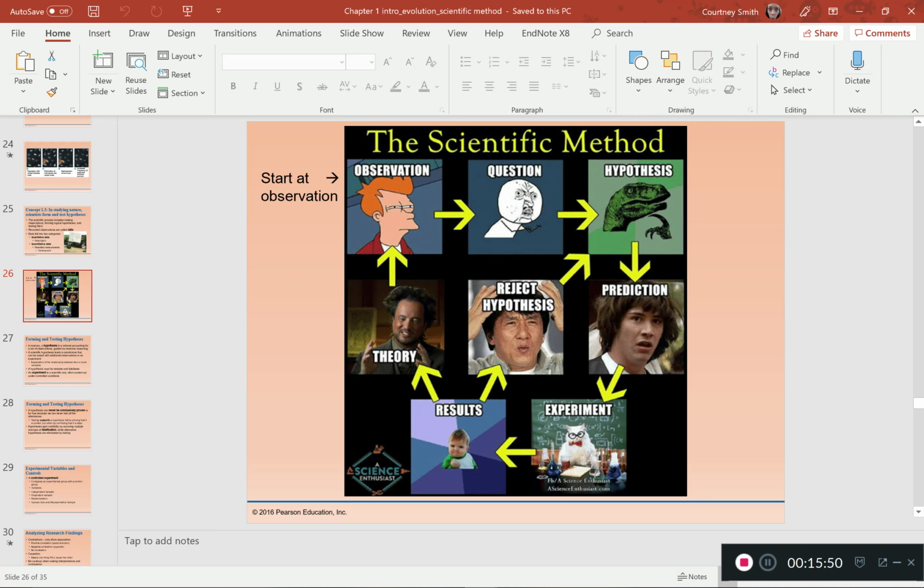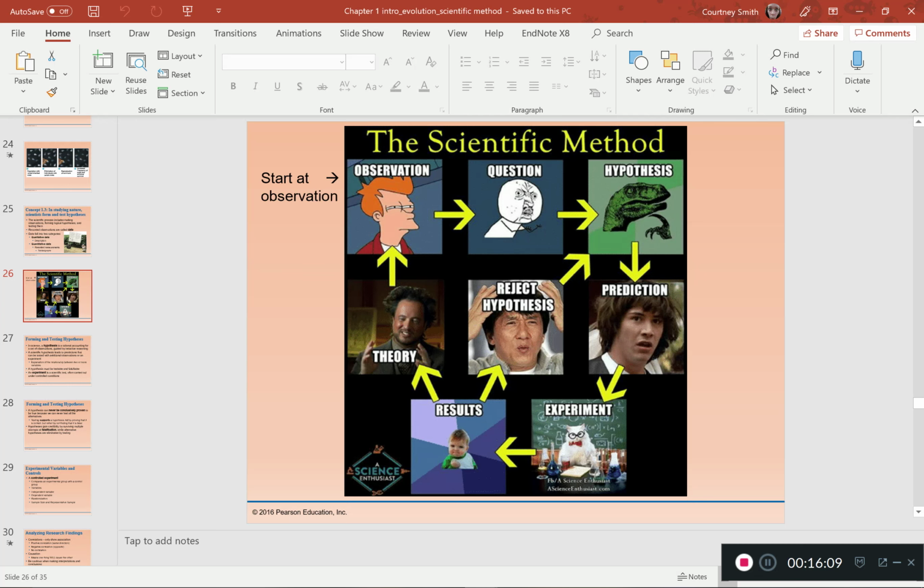And then you would physically run your experiment, and from your experiment, you will obtain results and analyze. Based on your results, if your hypothesis was rejected, a lot of times you go back to the hypothesis stage, rework your hypothesis, and start over again.